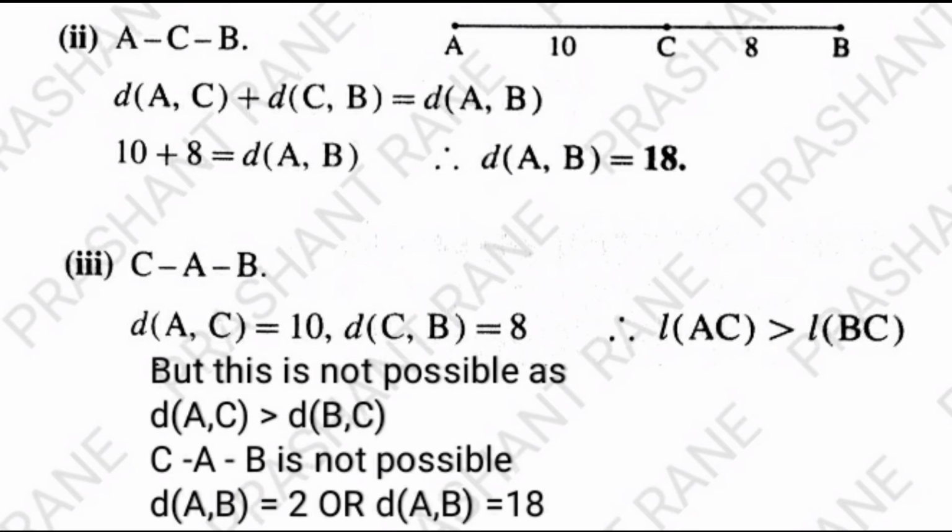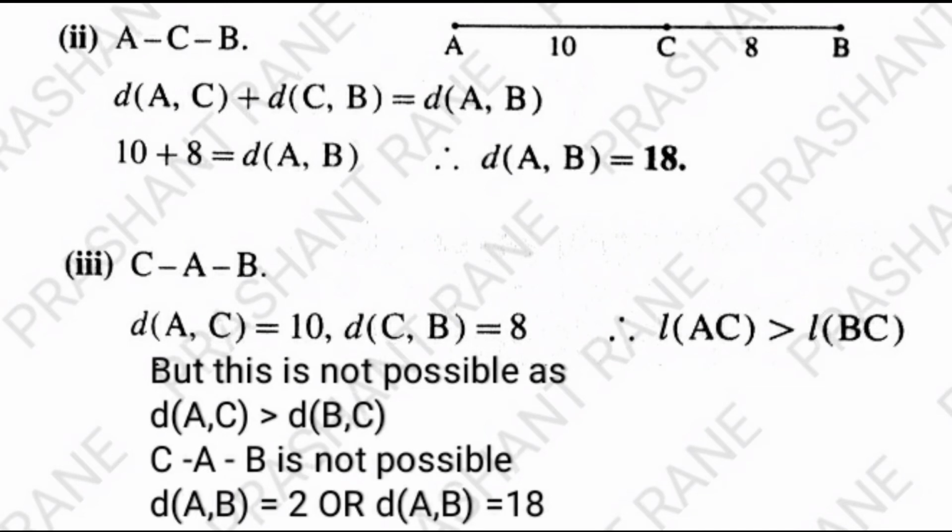Third case, if C-A-B, it means point C lies between point A and point B. But here distance AC is 10, distance BC is 8. So distance AC is greater than distance BC.